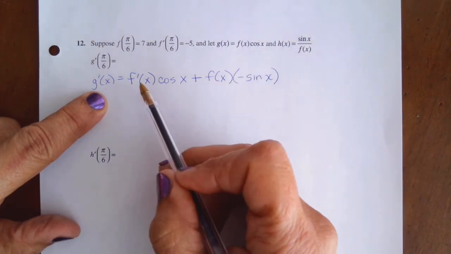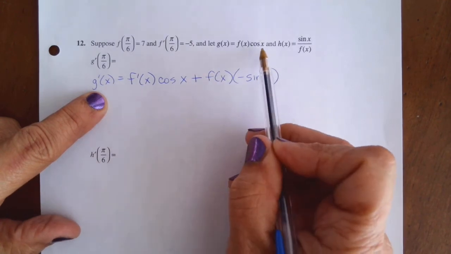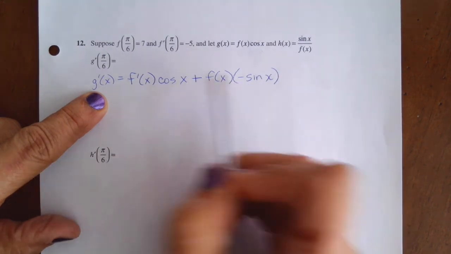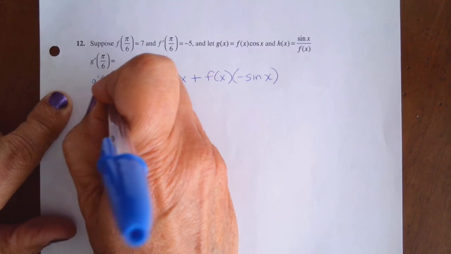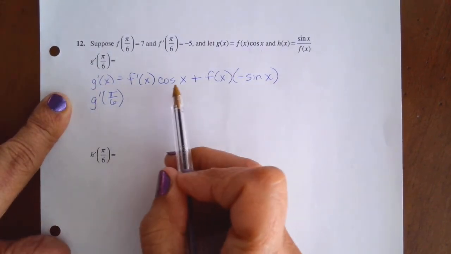And notice when there's a function notation, I just use function notation. If it's an actual function, then I can find the derivative of it. Okay, now that I have that, this becomes a little bit easier because now we're just going to substitute in everywhere there's an x over here. Now we can put in the pi over 6.